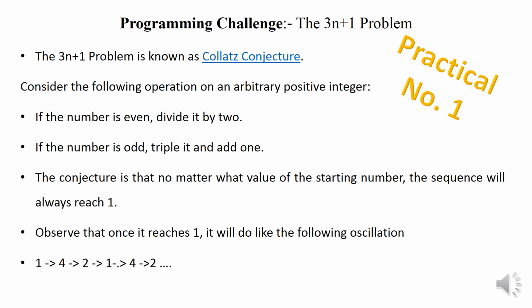So we get 12 divided by 2, we get 6. So at the first index of that Collatz series is 12. The next number is 6 because in the specific algorithm, if the number is even, then we divide that number by 2. So we get the next value is 6.